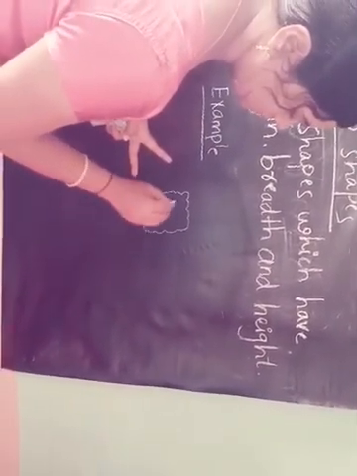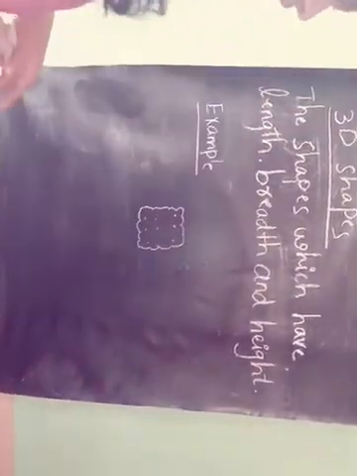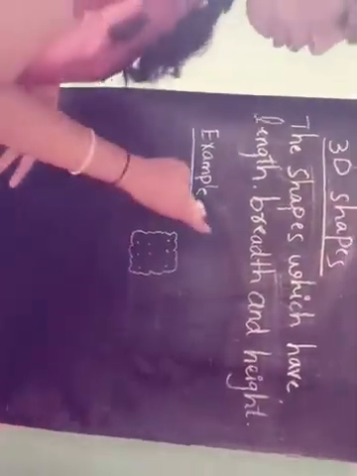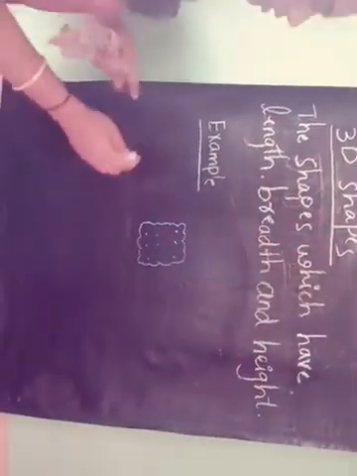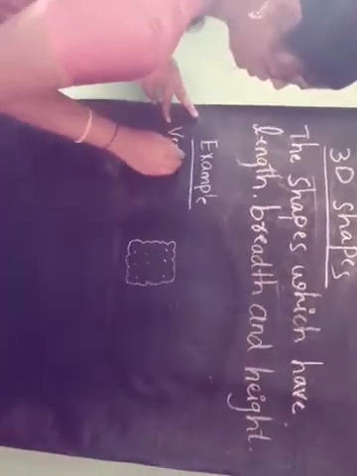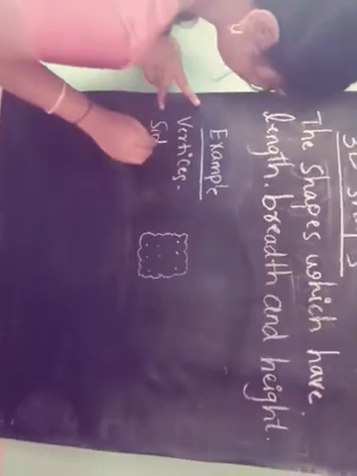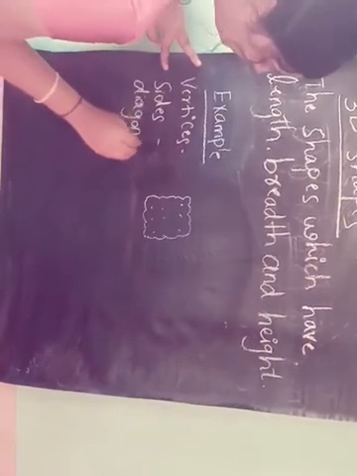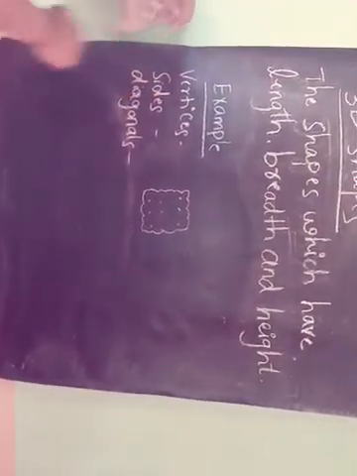Which shape is it? Square shape. From the given shape, you have to mention how many sides it has, how many diagonals we can draw, and how many vertices it has. We have to find vertices, sides and diagonals. Name the vertices, sides and diagonals.